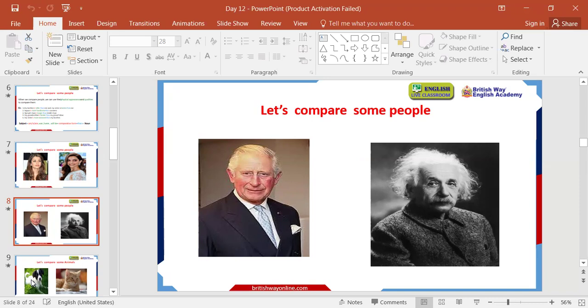Prince Charles is richer than Albert Einstein. Okay, madam.